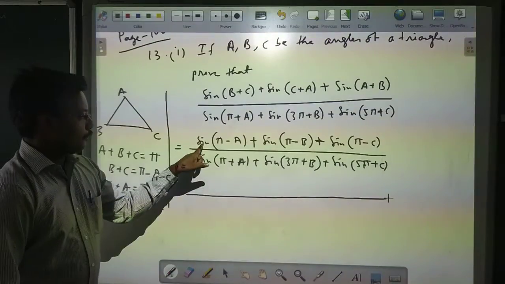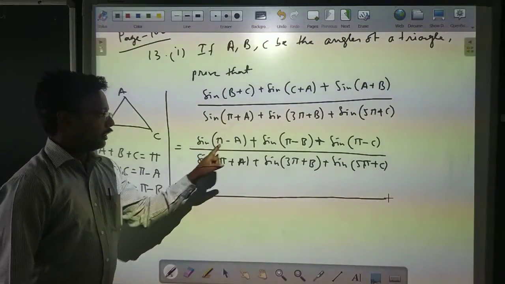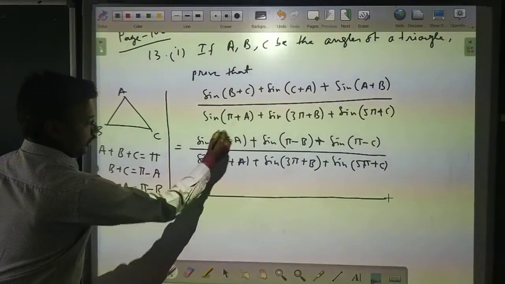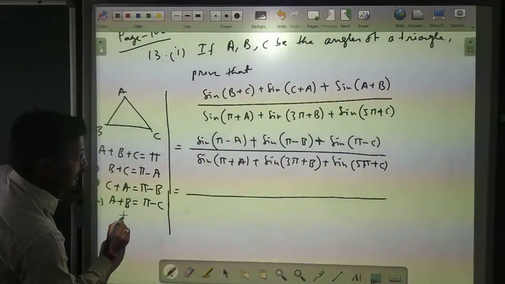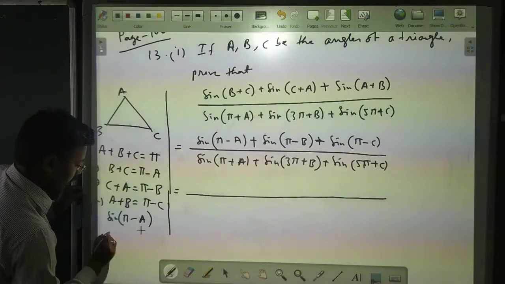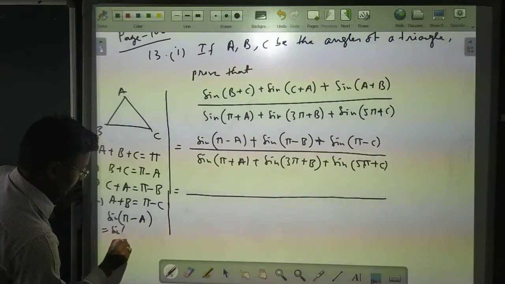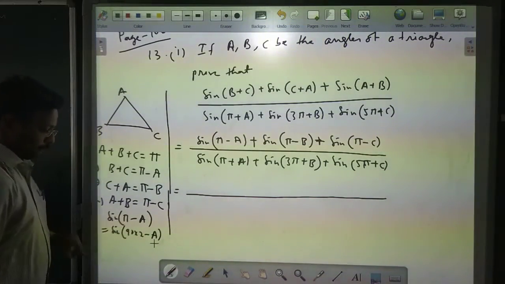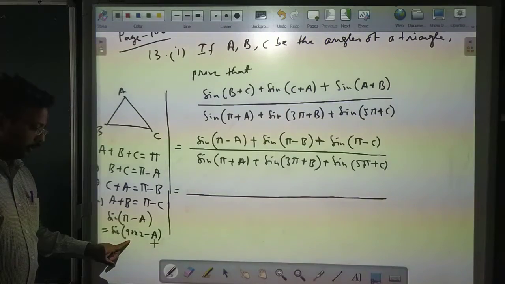Now, for sine pi minus a, you know pi is 180 degree. So, for this angle, what you can write is, if it is written as pi minus a with sine, we can write it as sine 90 into 2 minus a, because pi is 180 degree.